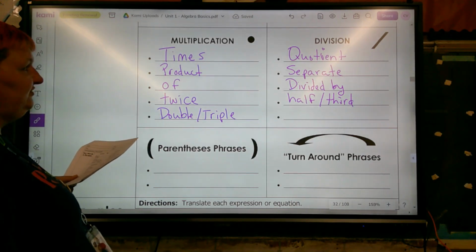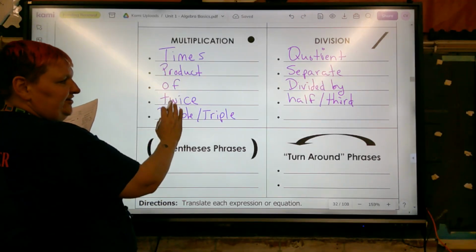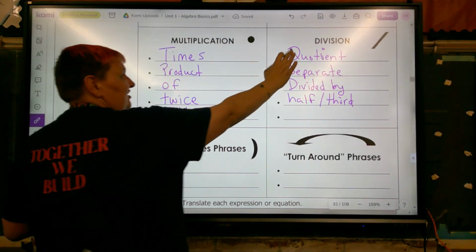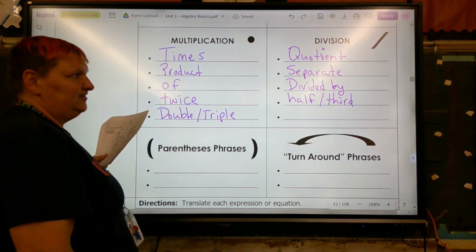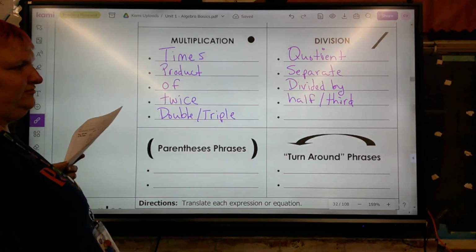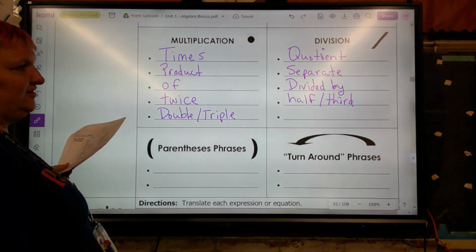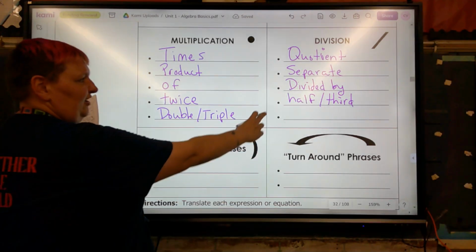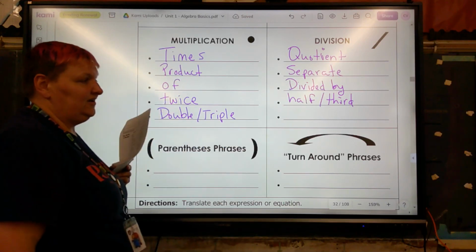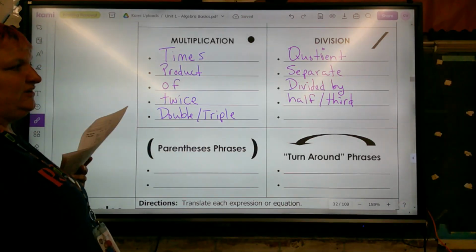So far so good. Times, product of, twice, double, or triple are multiplication. Quotient, separate, divided by, half, or third are division. A third of 12 is 4, because 12 divided by 3 is 4. Half of 12 is 6, because 12 divided by 2 is 6.